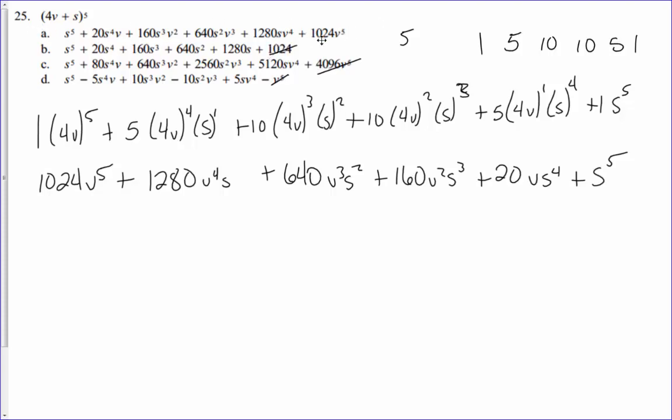So just based on that term alone, it looks like the answer is going to be A, but let's check them out. Our next term, 1280 v to the 4th s, yep, 1280 s v to the 4th, same thing. 640 s squared v cubed, 640 s squared v cubed, 160 v squared s cubed is right there, and then 20 s to the 4th v is right there, and then s to the 5th right there. So our answer is A.